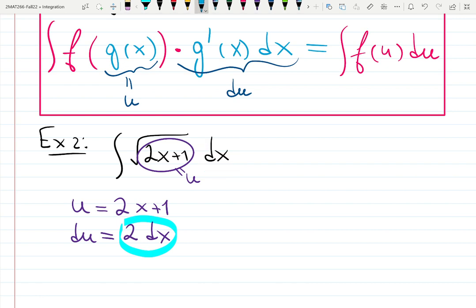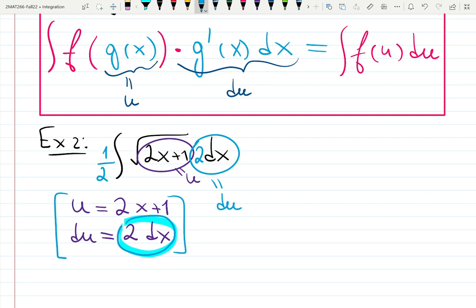Since I need 2 dx, I will multiply by 2, and now I have 2 dx. But since you cannot just multiply by 2, I will divide by 2 outside of the integral. You can divide it right away, but I like to kick it outside of the integral. It's just prettier this way. Then this is perfect du. See, so I made it to be perfect, and this is my table.